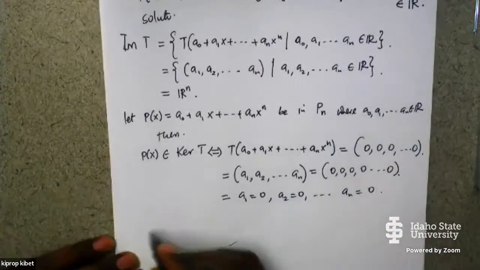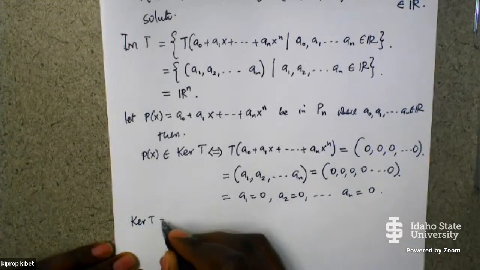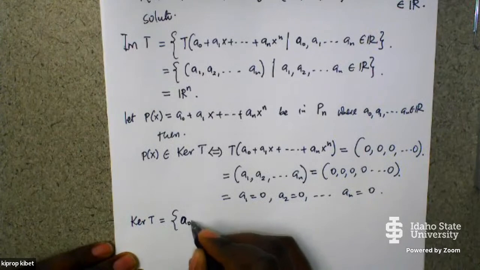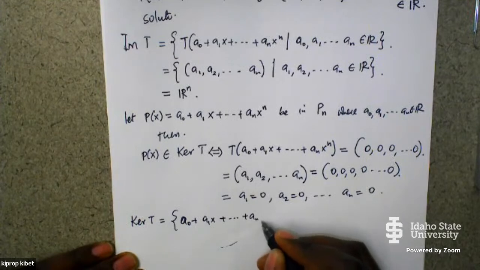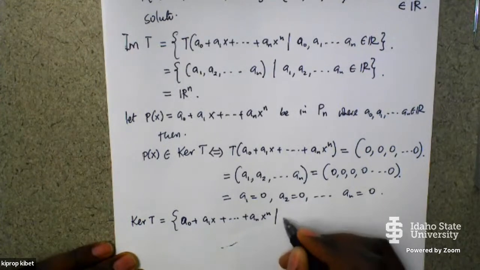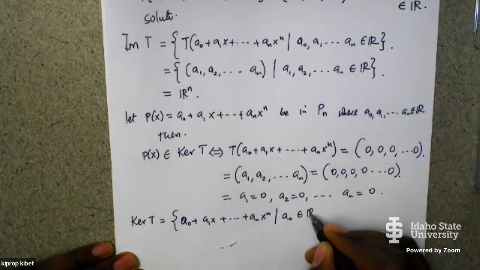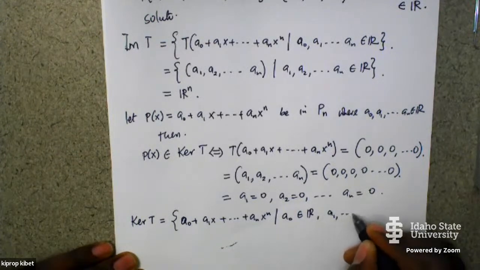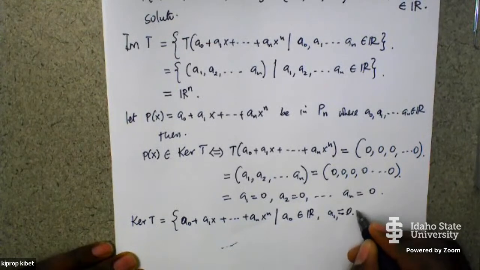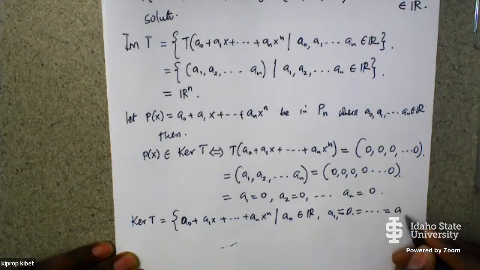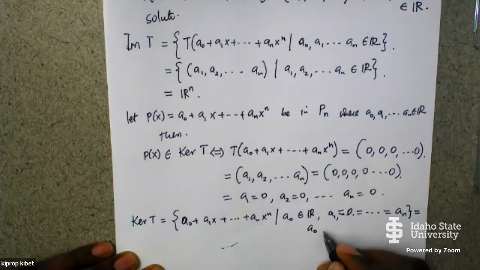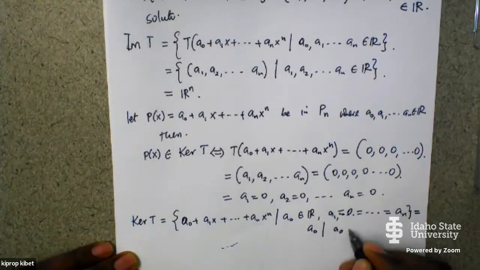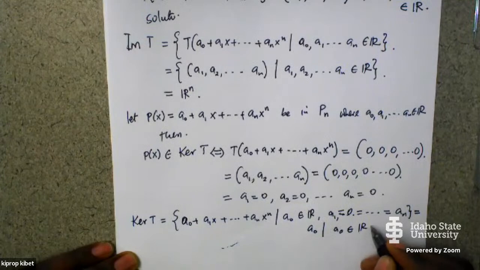So then the kernel of T is equal to a naught plus a1x plus all the way to an xn, such that a naught is in R and a1 all the way to an equals 0, which is equal to a naught, and this a naught is a real number.